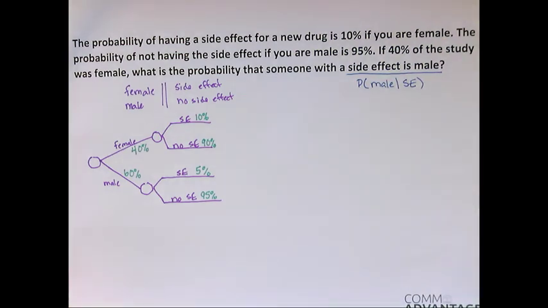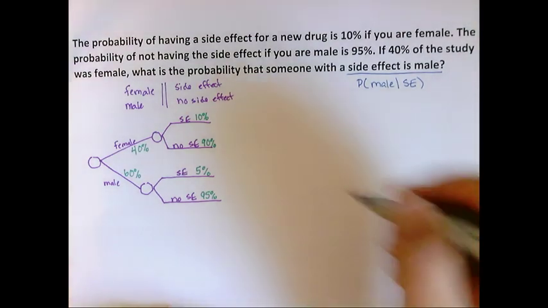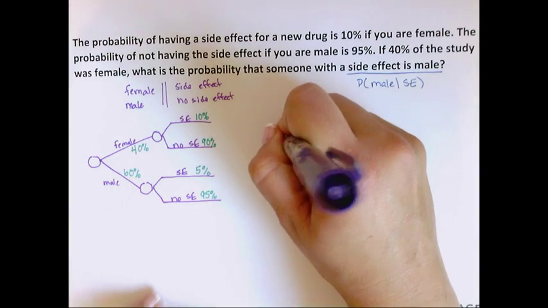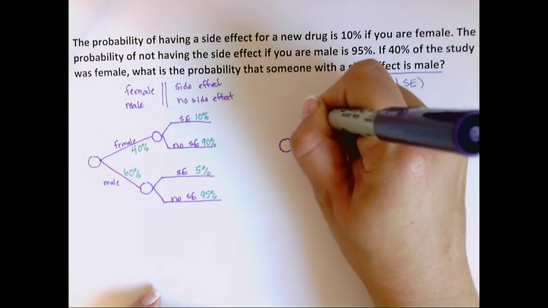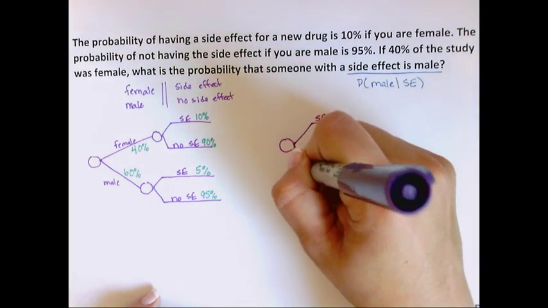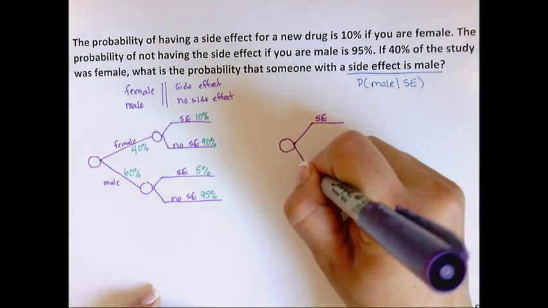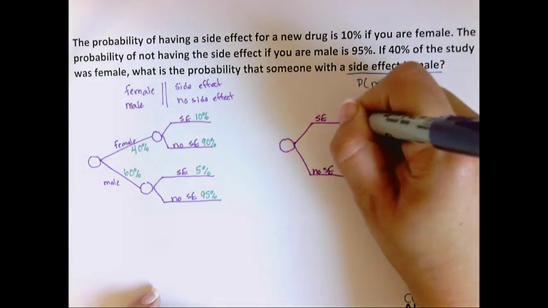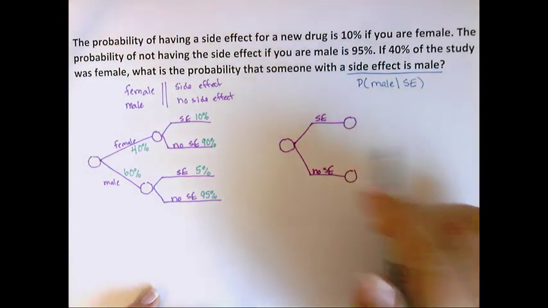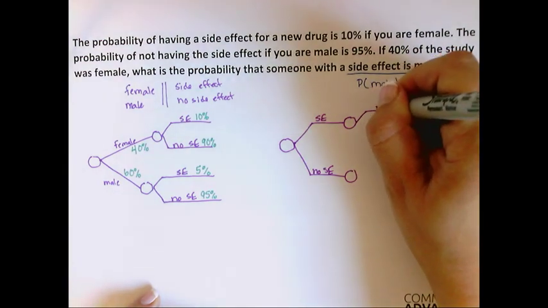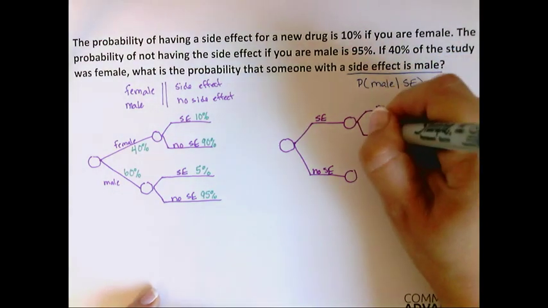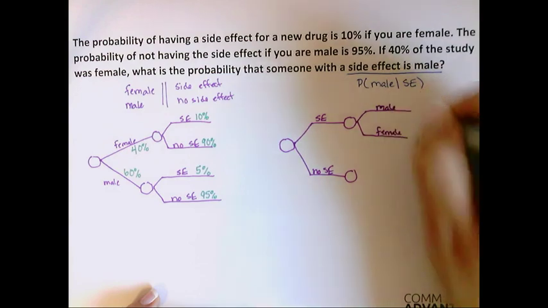What I want to be able to do in this situation is draw the tree backwards, which is basically the point of Bayes. So I want to be able to know, did someone have a side effect or not? What's the chance? And then, based on whether or not they had a side effect, are they male or are they female?